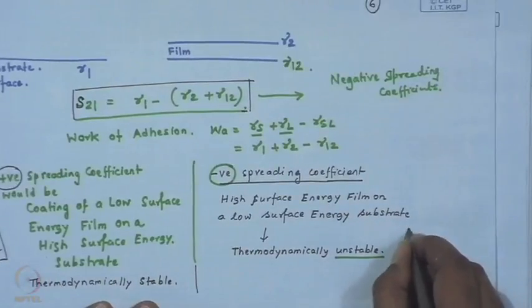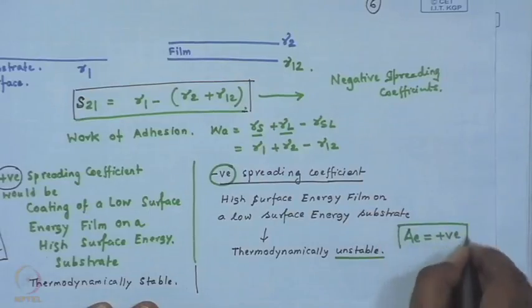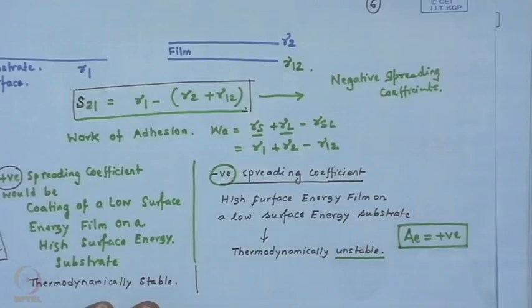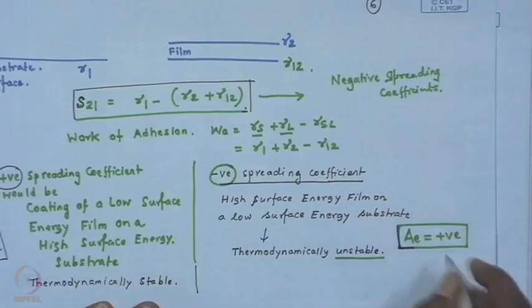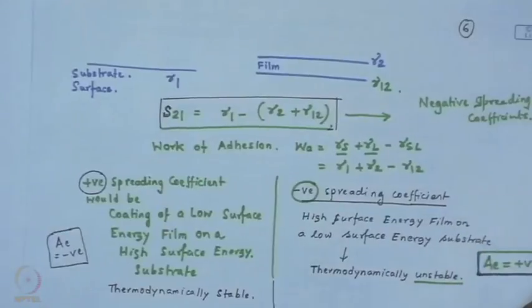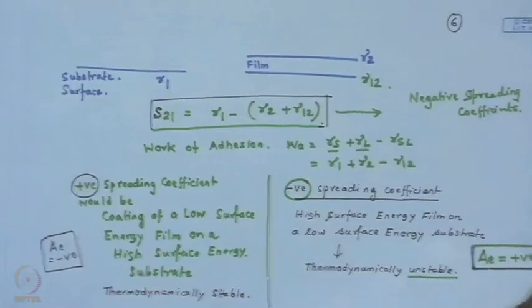Therefore, a negative value of spreading coefficient would result in a positive value of effective Hamaker constant. We will revisit some of these concepts in greater detail based on certain other considerations in the subsequent class. Thank you.